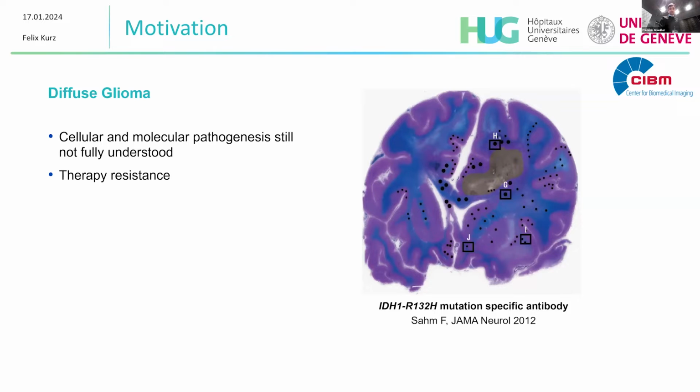And to motivate, I wanted to show this slide by Felix Tobias, who's also from Heidelberg, who could show about 10 years ago that when you have IDH mutated glioma, which is a kind of lower grade brain tumor, in this case a grade 3 tumor, in MRIs you usually only see this part of the tumor, whereas in fact there are multiple cells already on the other side of the brain, also in the corpus callosum, and everywhere where you see black dots, basically there are tumor cells, and they found this in histological studies.